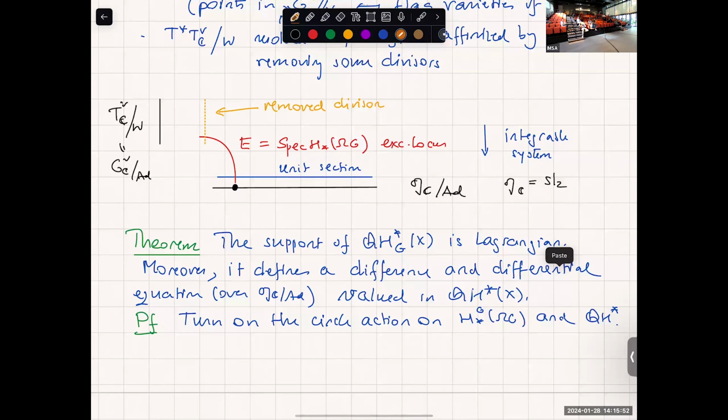If it was singular, it might be a little problematic. But the way you see that is you turn on the circle action compatibly on the quantum cohomology and on the space. That deforms the space to a non-commutative space. And we know the circle action here is trivialized in quantum cohomology. So it goes to a deformation quantization module, and that will allow you to set up and solve a differential equation.